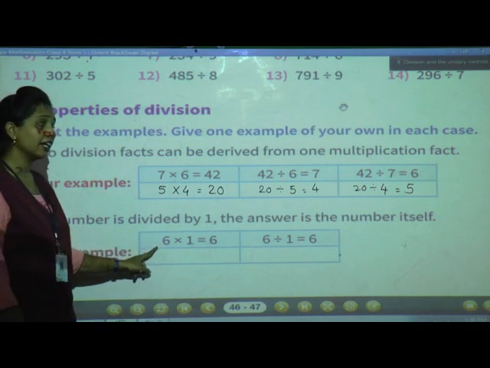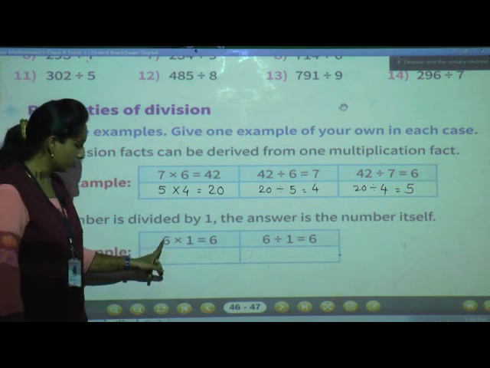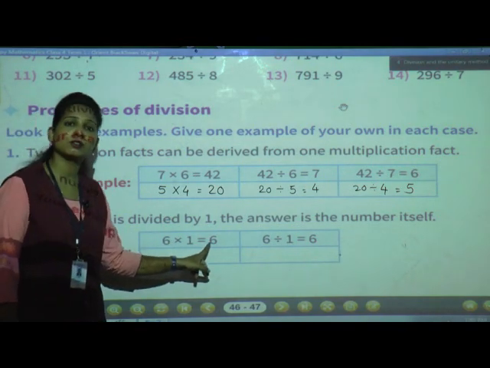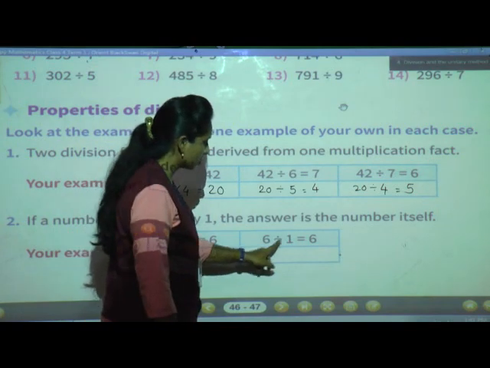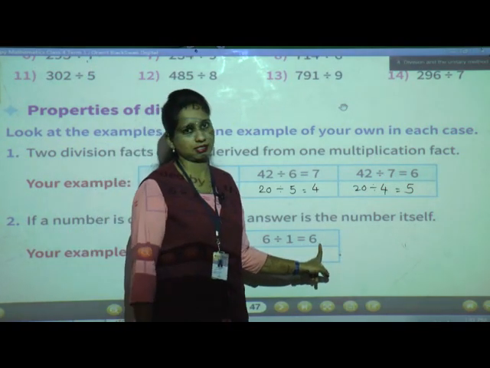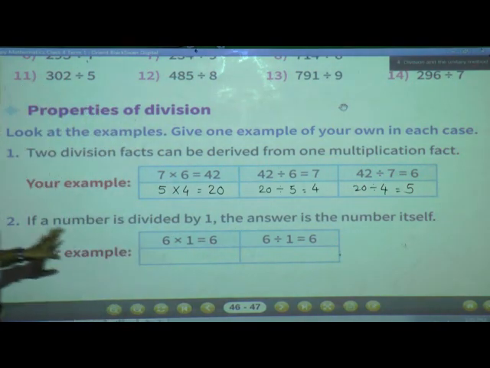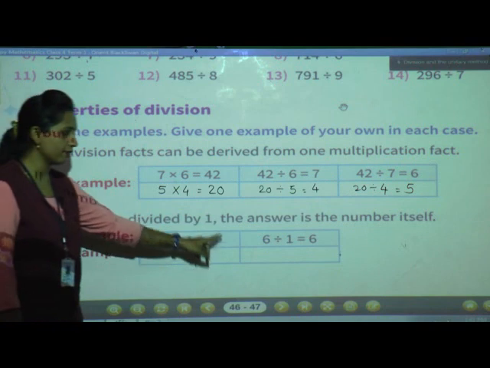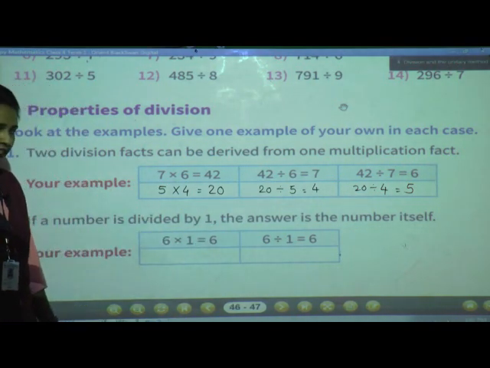Now see, it happens in the multiplication fact also. 6 multiplied by 1 is equal to 6, and the same number 6 divided by 1 is equal to 6. So this is the second property of division.